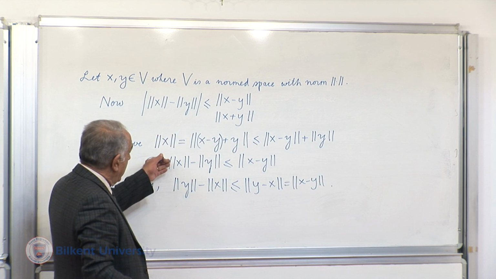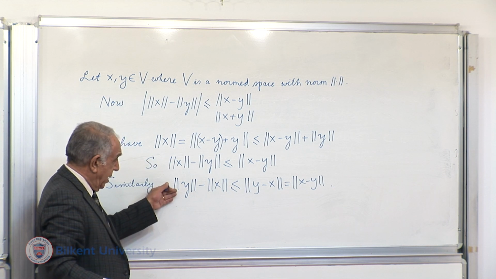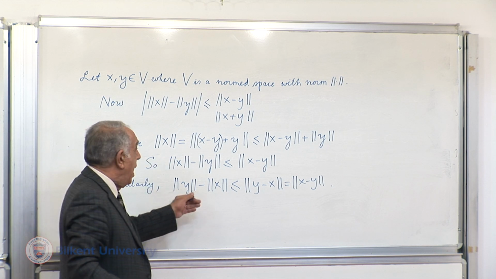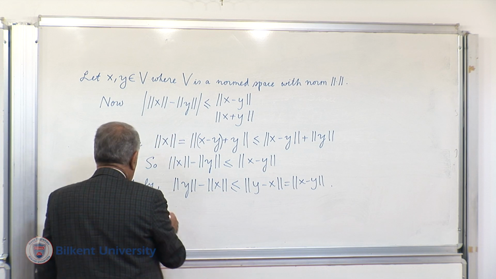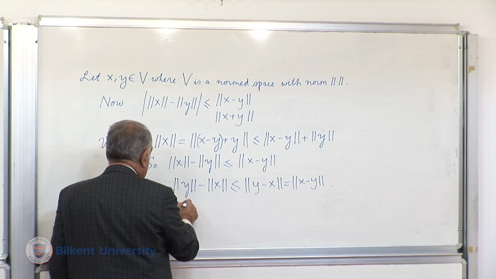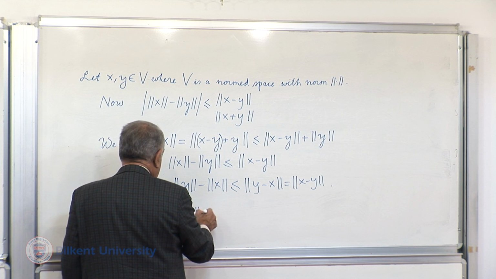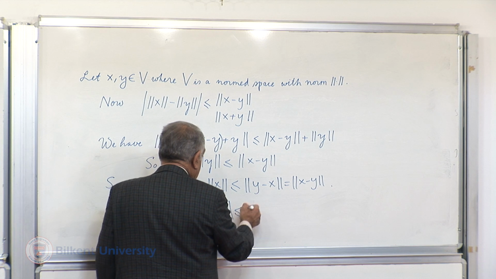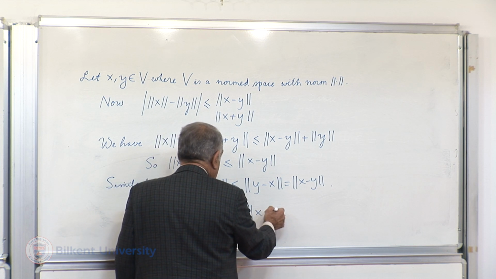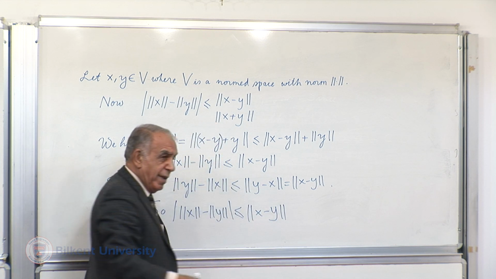So this number and its negative are both less than or equal to this quantity. So the absolute value of the norm of x minus the norm of y will be less than or equal to the norm of x minus y.